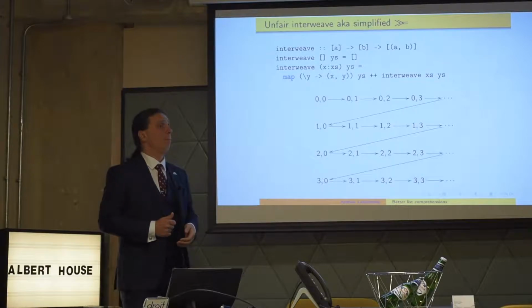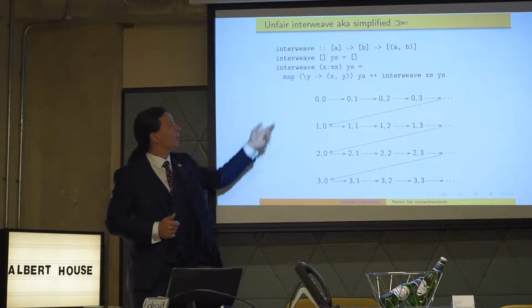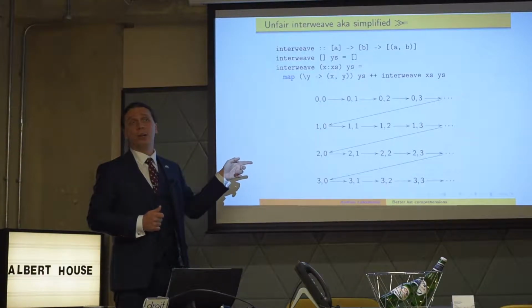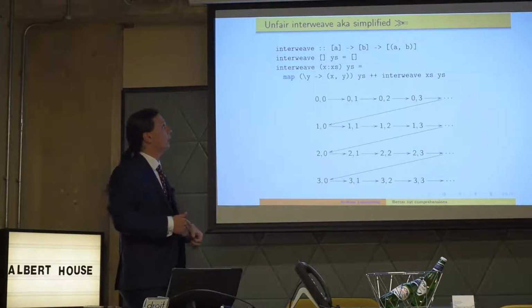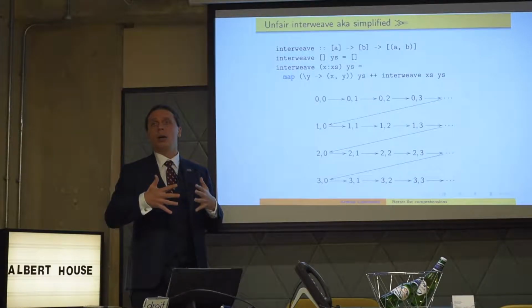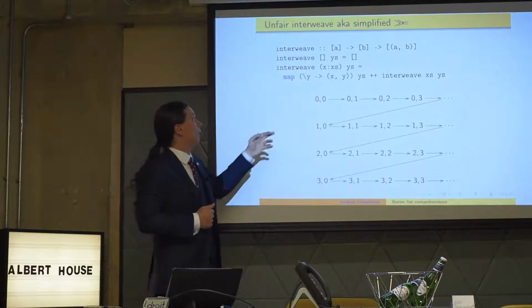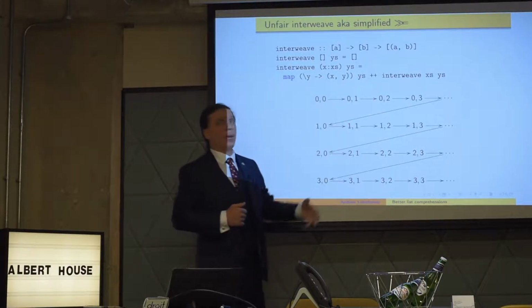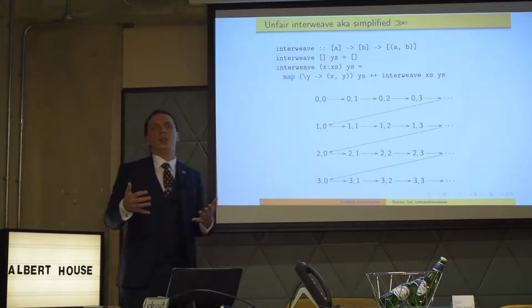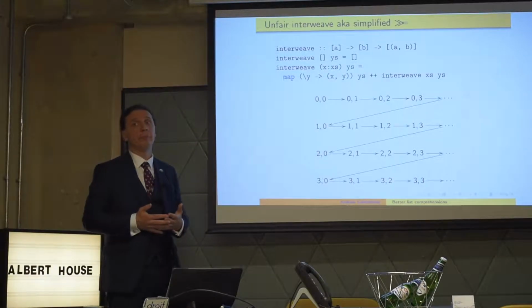So the implementation of this unfair, biased interweaving of two lists looks like this. If the first list is empty, then the product of these lists is empty as well.